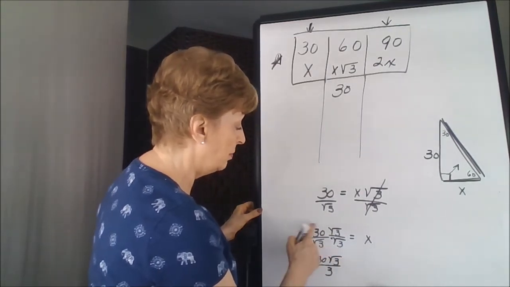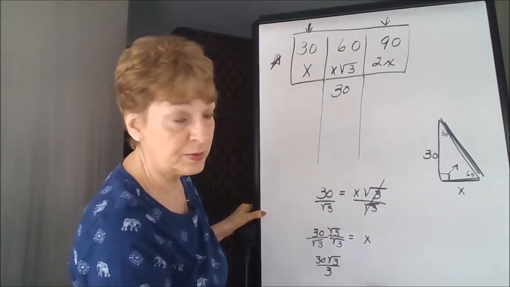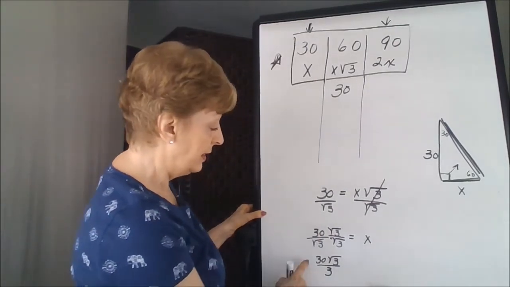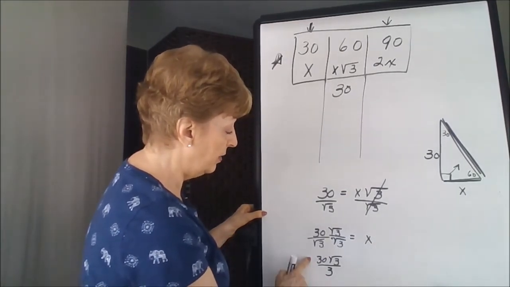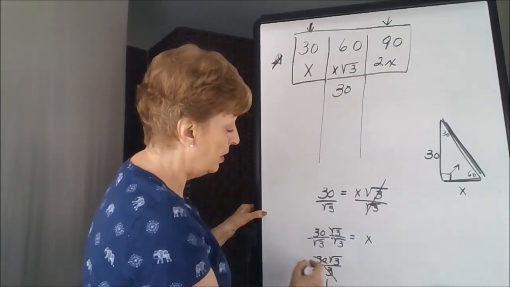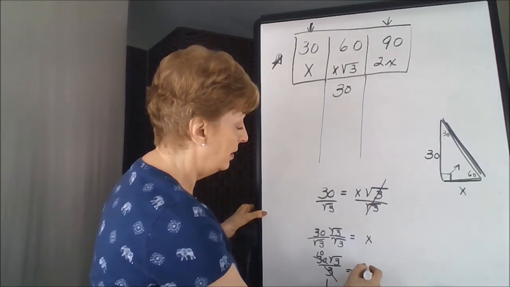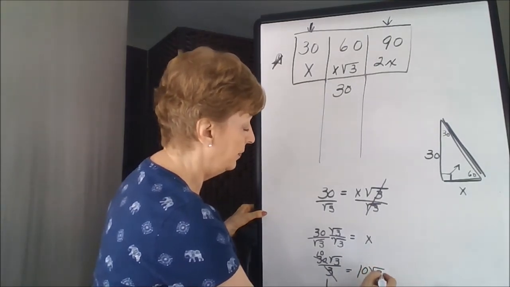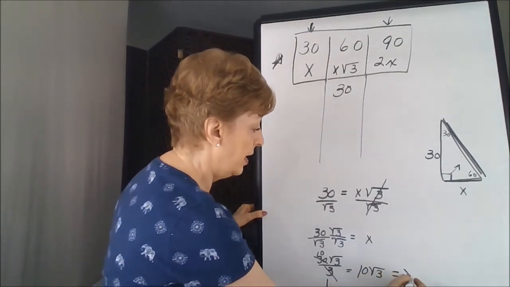That's how we multiply when we're multiplying whole numbers with radicals. In this case, we've got 2 whole numbers here with the 3 and the 30. So 3 will go into itself once, and 3 will go into 30 10 times. So we have 10 radical 3. And that is equal to x.